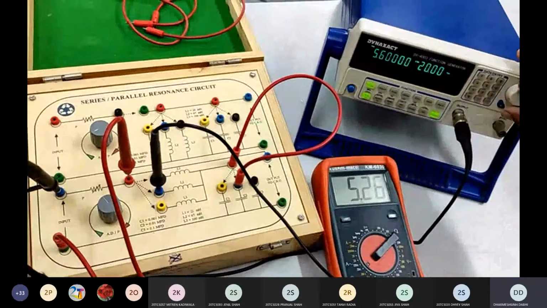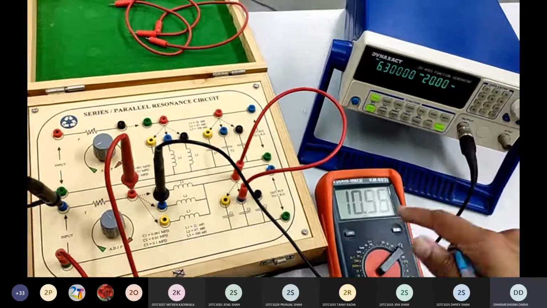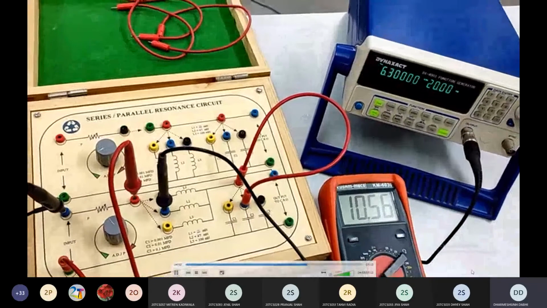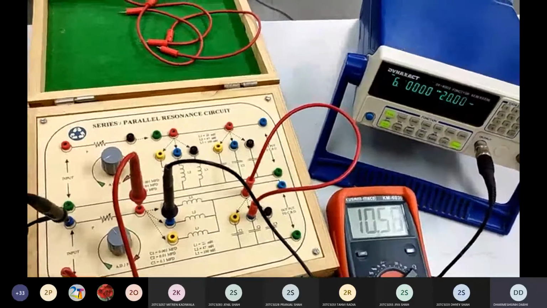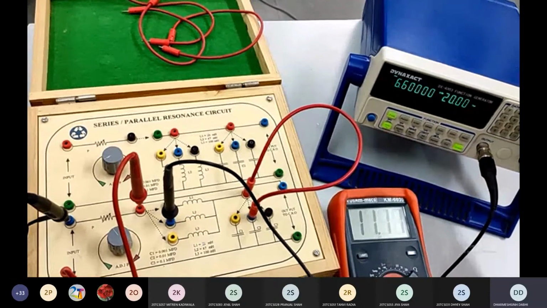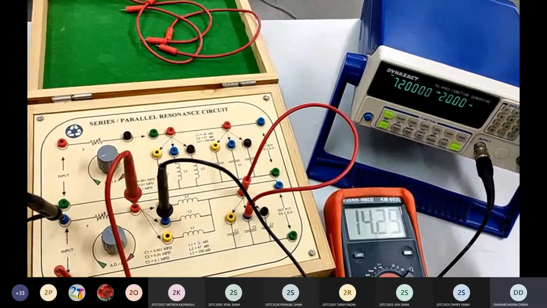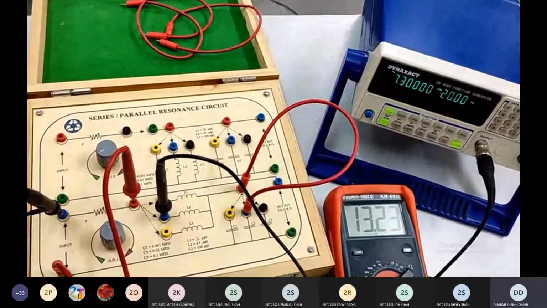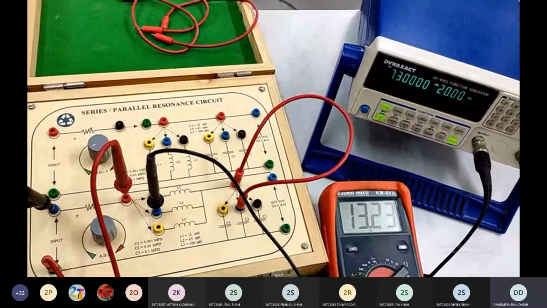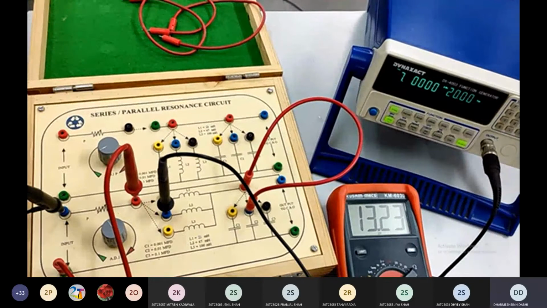Now set the frequency to 6.3, and the current is 10.56 milliampere. At 7.3 kilohertz we get the maximum current, which is 13.23 milliampere.